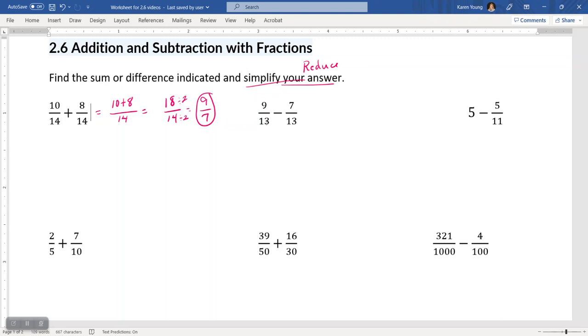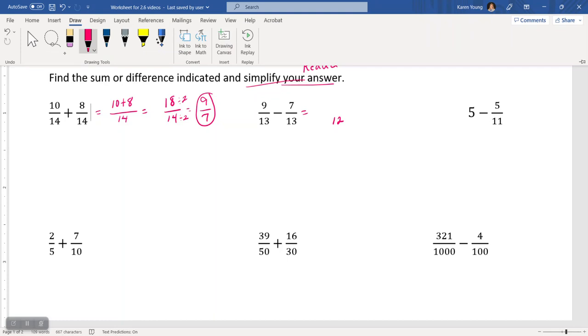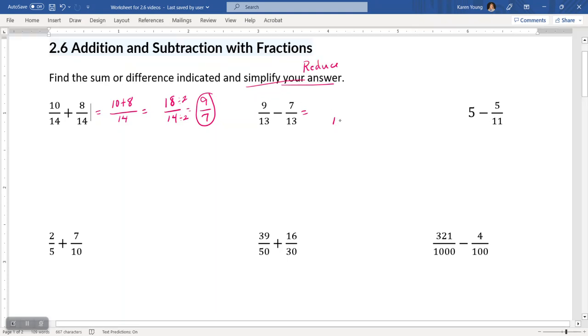All right, and let's look at this one. 9/13 minus 7/13. The difference between the first two, other than the numbers, is that the first one was addition, this one's subtraction. But the process is still the same. I want to make sure that my denominators are the same. It's 13.